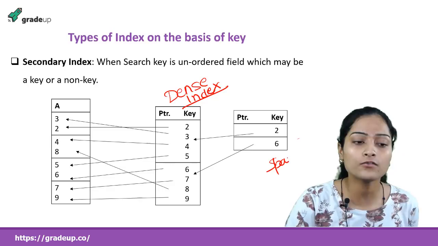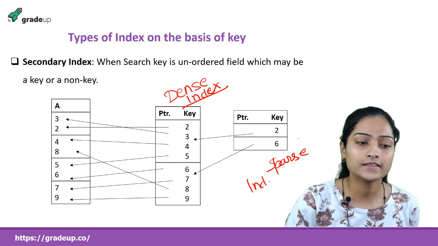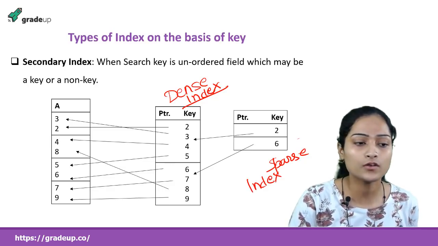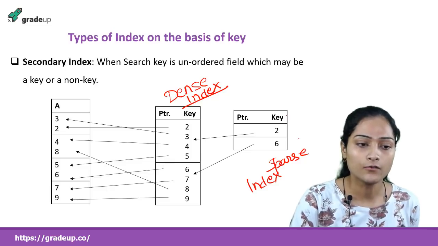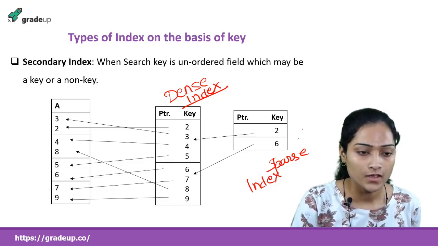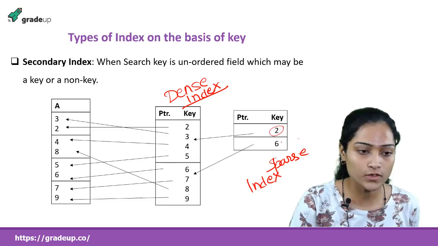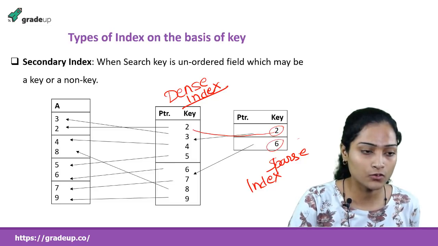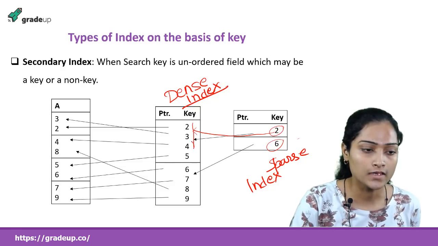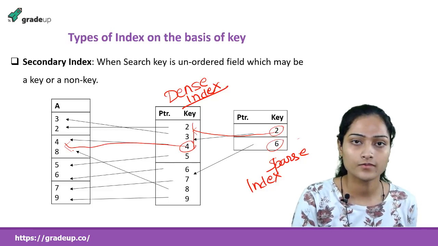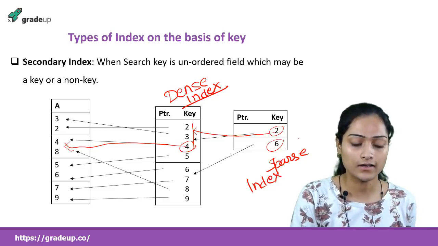There is no need of applying dense indexing after this level, because now you have sorted data. For accessing 4, what can you do? You will go here, here is key 2 and here is 6. You will go to this particular block and start traversing. Is this 2, 2, 2? Here you got 4, and you can access it from that pointer. This is the idea with the secondary index.